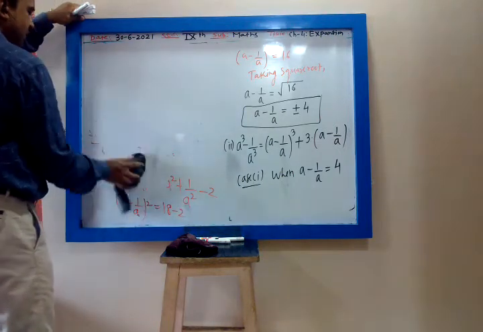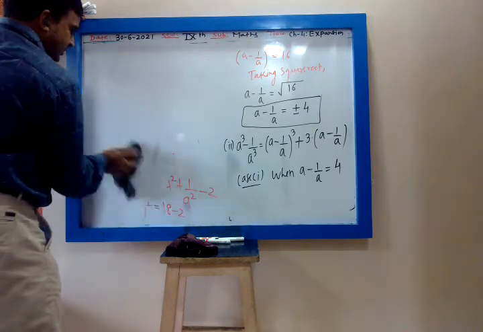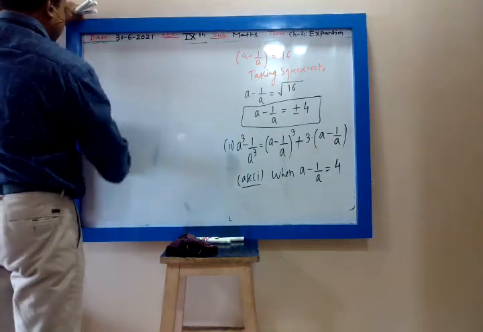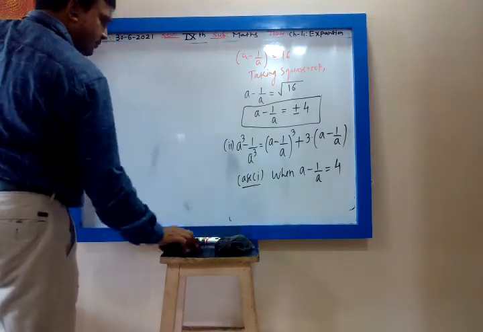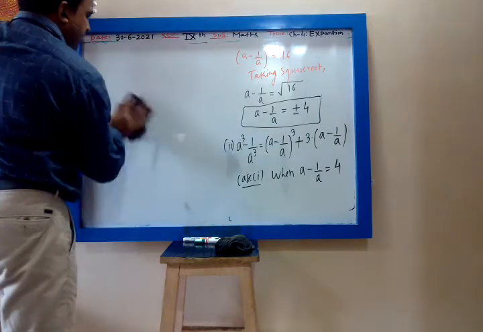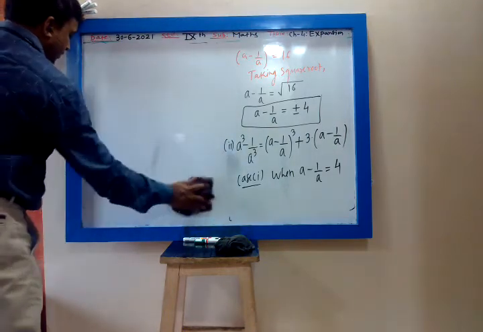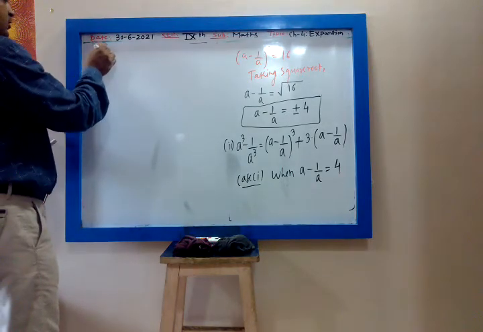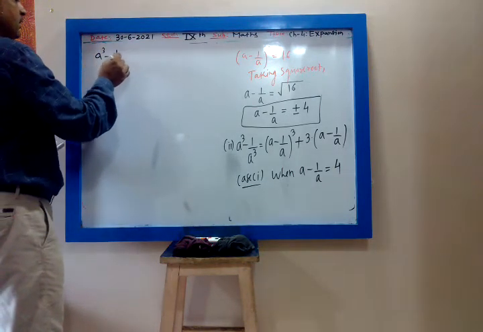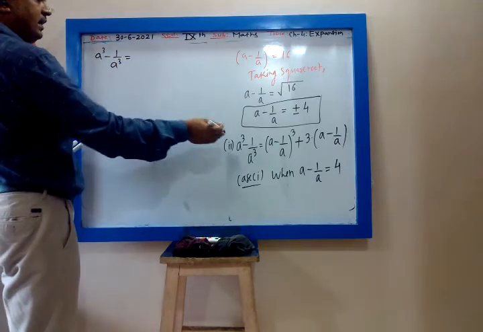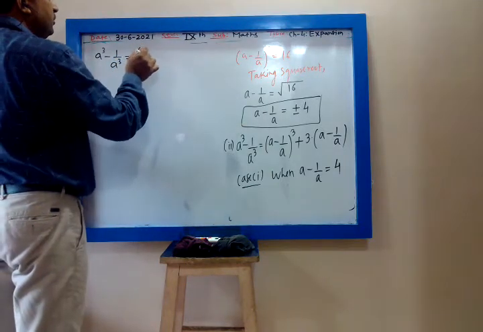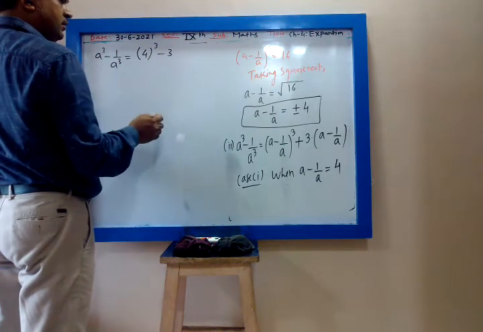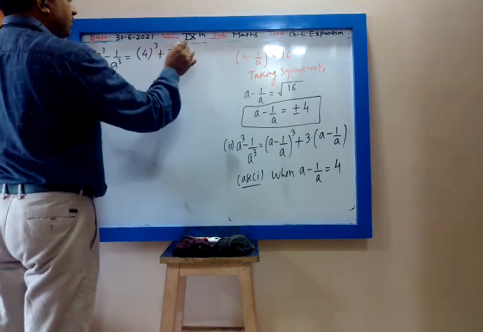So a cube minus 1 upon a cube, find out. This will be, a minus 1 upon a is 4, so that is 4 cube plus 3 into 4.